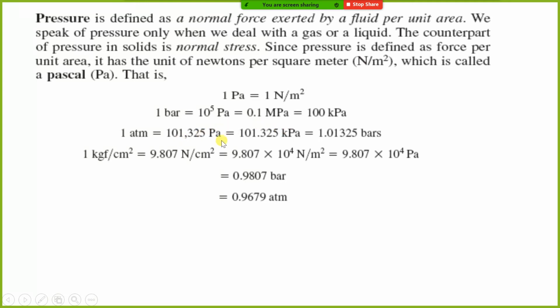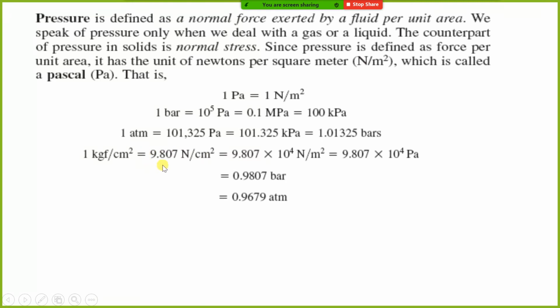If you want to convert pascal into kilopascal, shift this point 3 places to the left. It will be 101.325 kilopascal. 1 kgf per centimeter square is equal to 9.807 Newton per centimeter square.